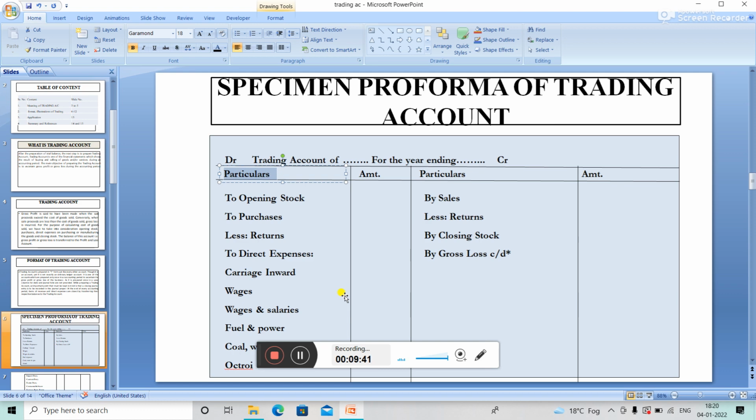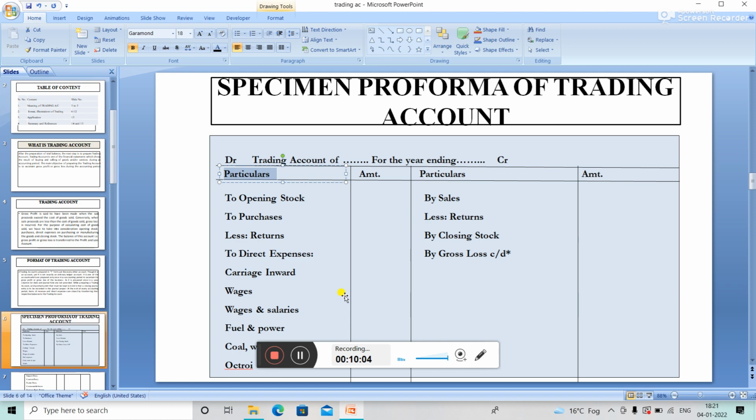So firstly, we are going to talk about what is opening stock. Let's understand opening stock. Opening stock is basically whatever stock of goods remains unsold at the end of the previous year, so it is called the opening stock of the current year.